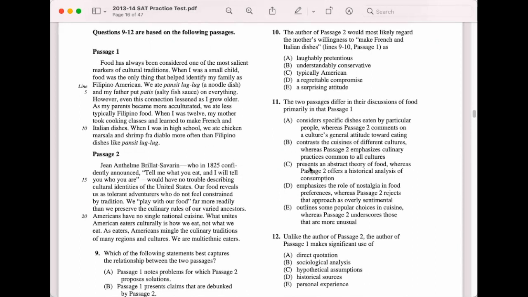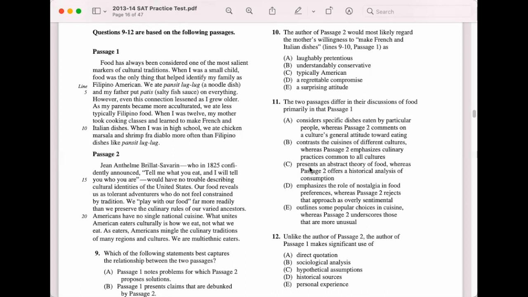So let's read. Passage 1. Food has always been considered one of the most salient markers of cultural traditions. When I was a small child, food was the only thing that helped identify my family as Filipino-American. We ate pancit lag-lag, a noodle dish, and my father put patis, salty fish sauce, on everything.